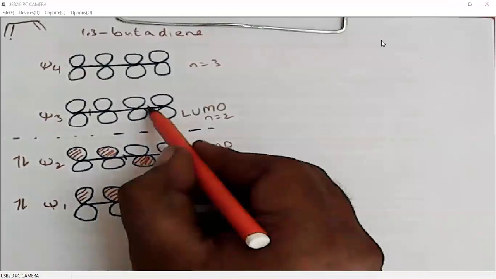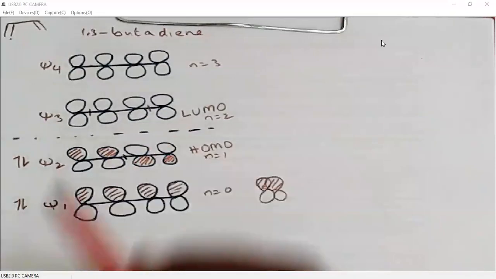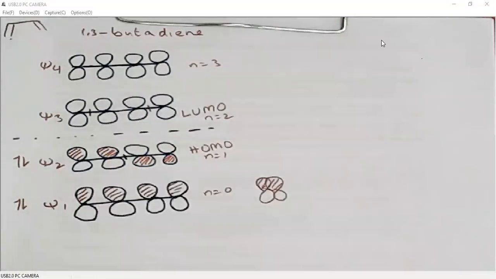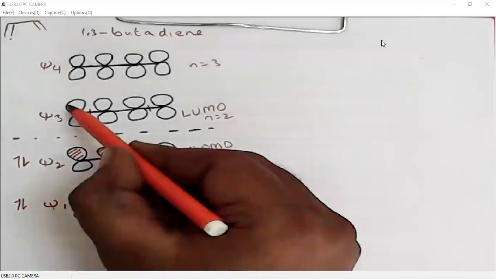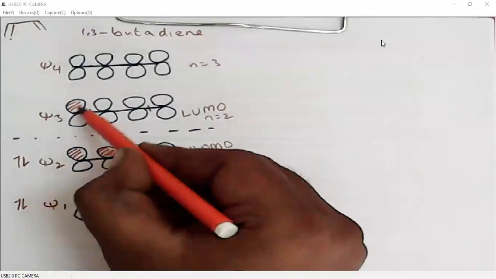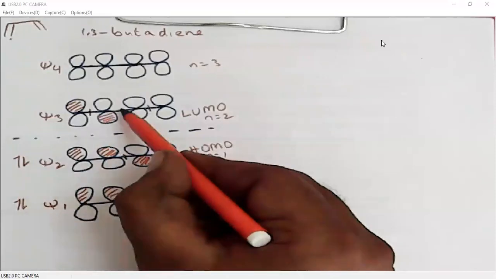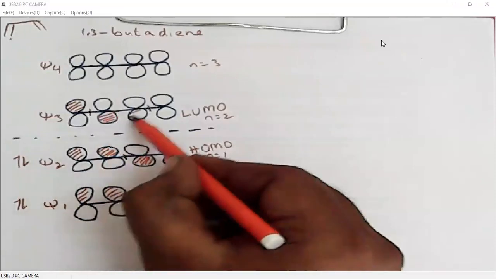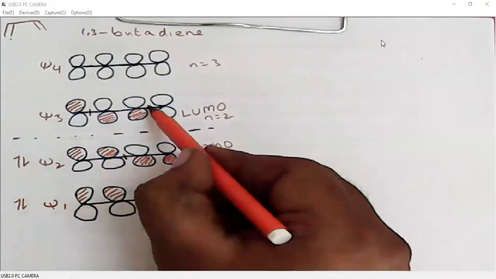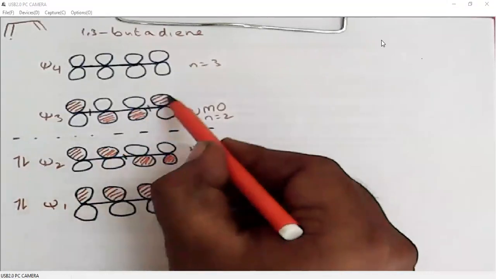Now you look at this, it is somewhat symmetrical. If you take it as a positive lobe, because we have a node, the orbital phase will be reversed. We don't have a node between these 2 orbitals, so these 2 orbitals must be in phase. Because we have a node, the phase of the orbital will be reversed.